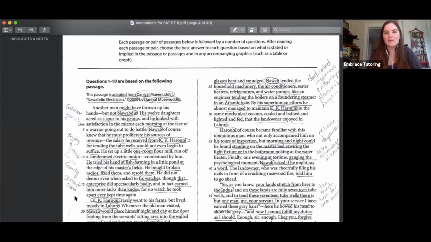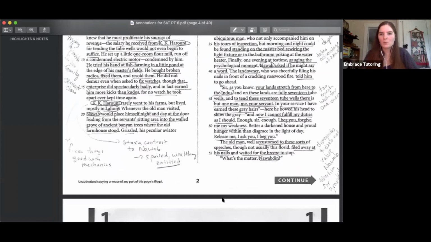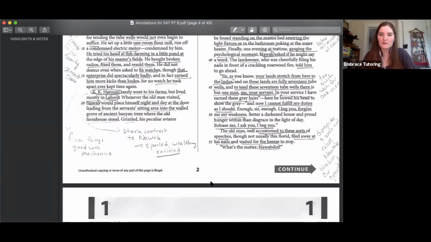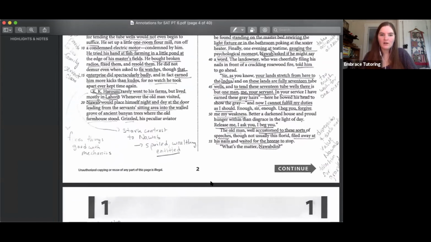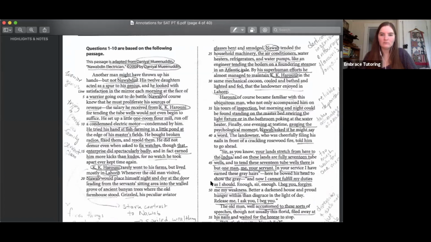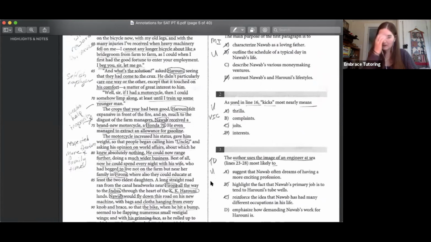Did anyone have any questions on the reading test, or can we focus more on the writing and language test for this week? You'll have my annotations, of course, as always, and you can see my breakdown of each passage and my notes. I took a lot of notes as usual.